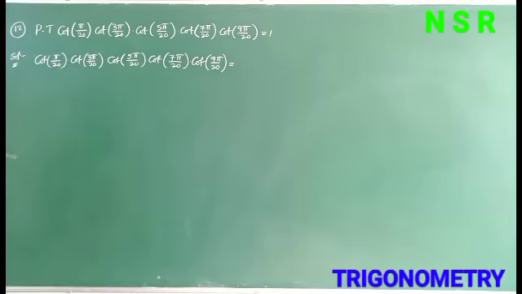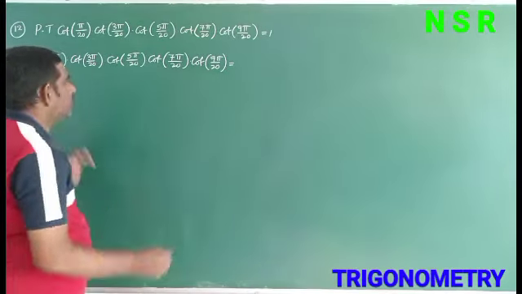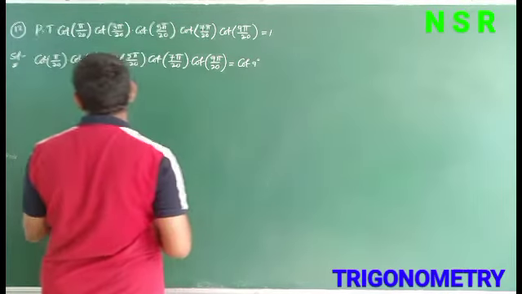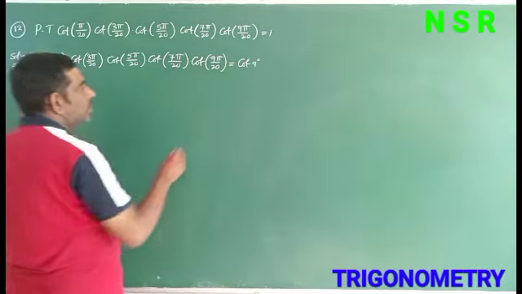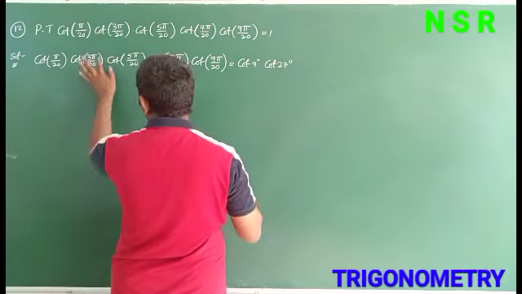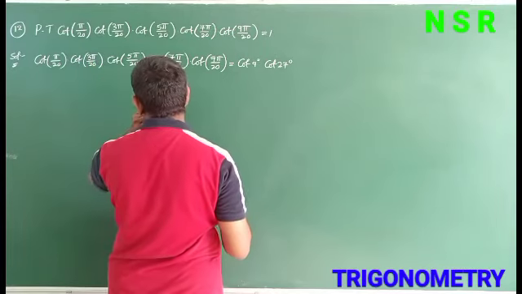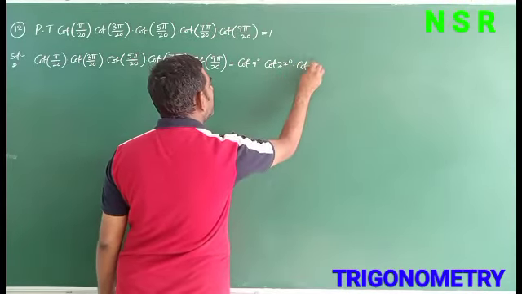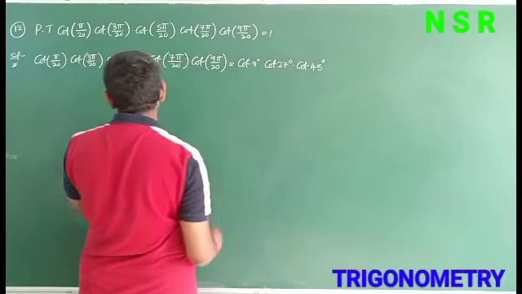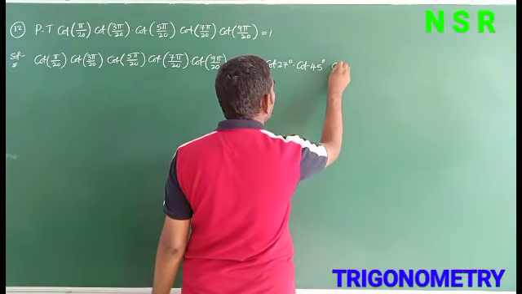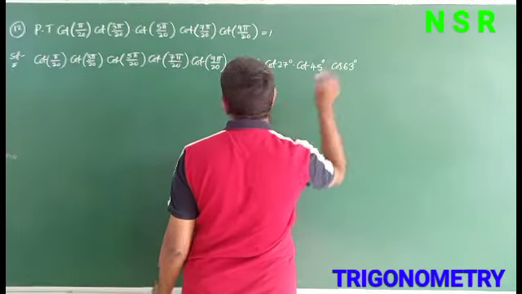So pi means here 180, 180 by 20 is 9. So the first one is cot 9 degrees. Next, 9 times 3 is 27, cot 27. Next, 9 times 5 is 45, cot 45. Next, 9 times 7 is 63.